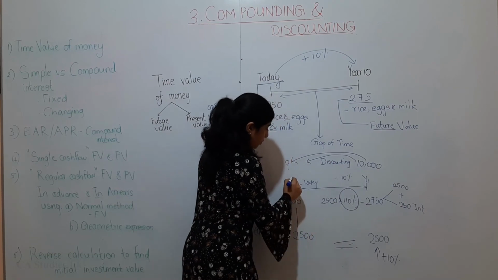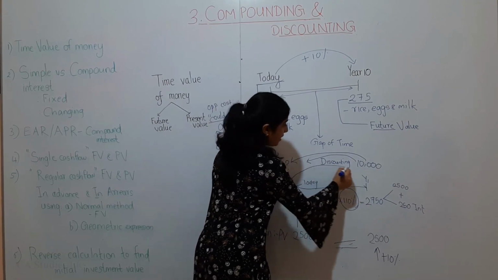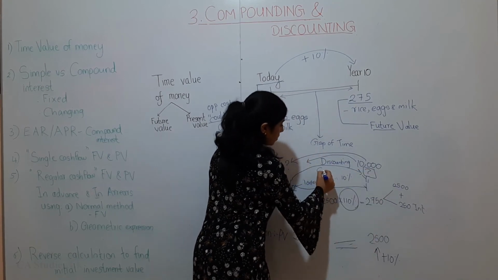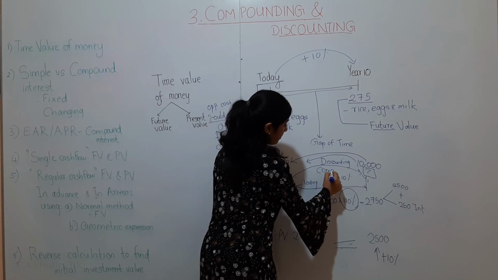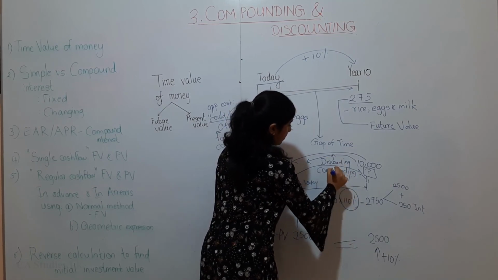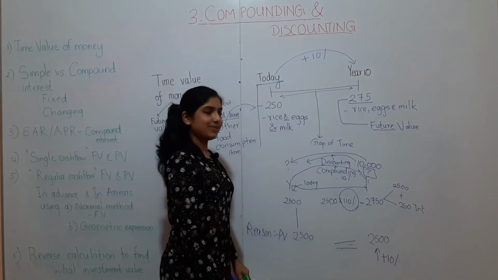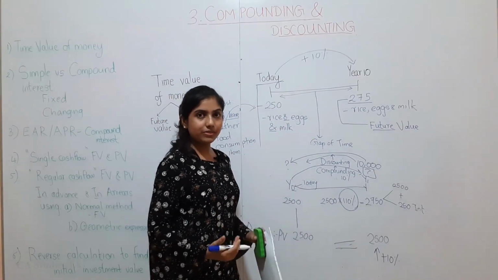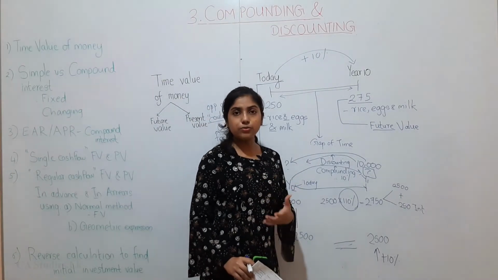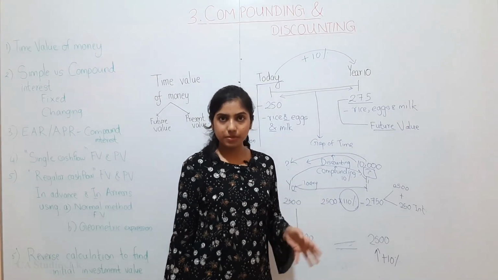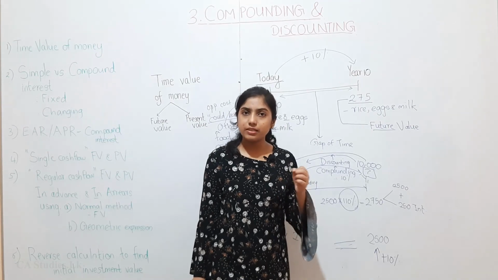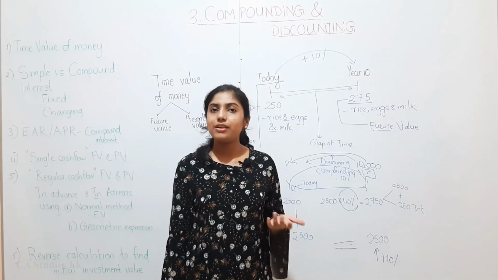Forward calculation from present value to find the future value, that action is called compounding. Alright. So please remember, compounding means you are going to find the future value using the present value, whereas discounting means you are going to find the present value using the future value.